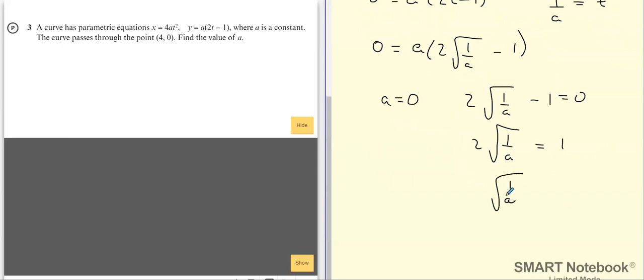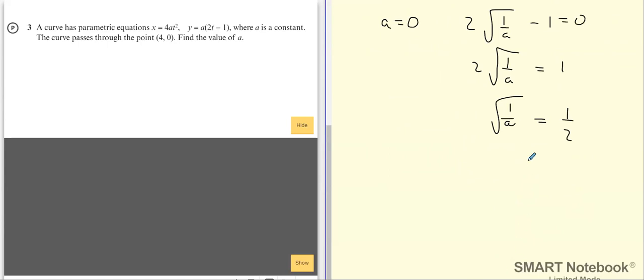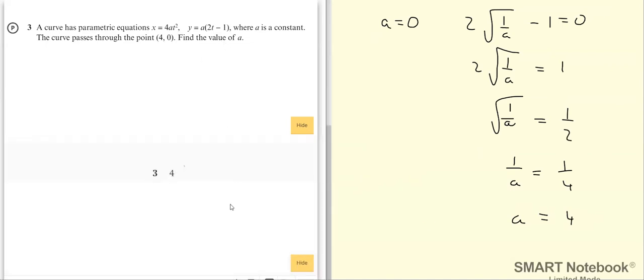Root 1 over a equals 1 over 2. If I square both sides, I get 1 over a equals 1 over 4. I'm getting a equals 4. Let's check it. B also. Yeah, I'm getting a equals 4.